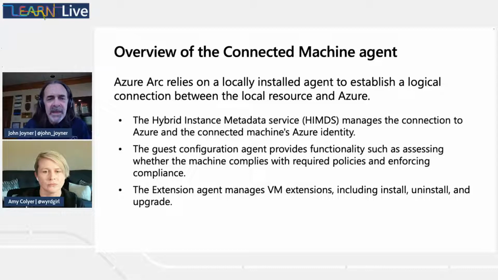So when we get into the second big demo coming up, which is the end-to-end at scale deployment with a script and service principal, the end product of that onboarding activity is a script that, when you run it, the Azure Connected Machine Agent gets installed on the machine.